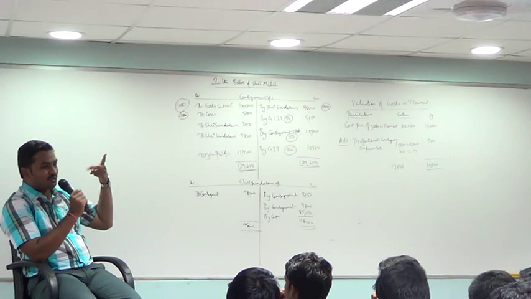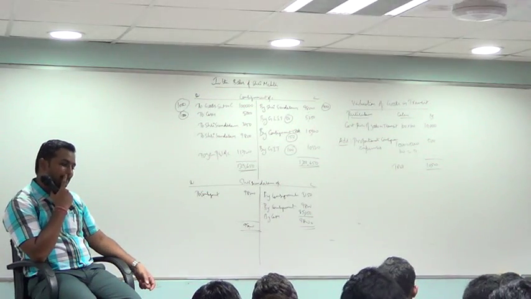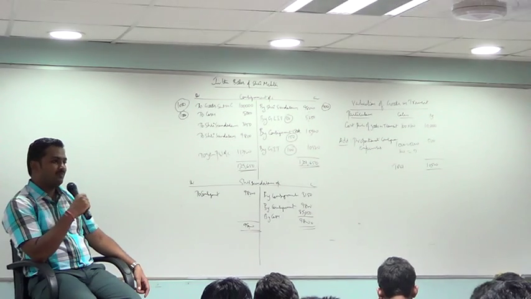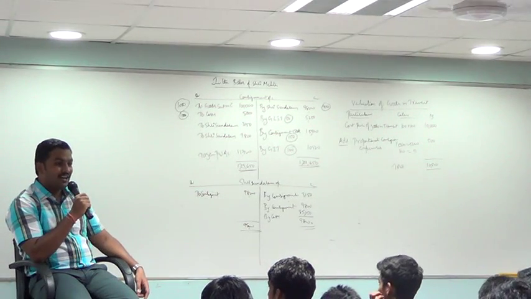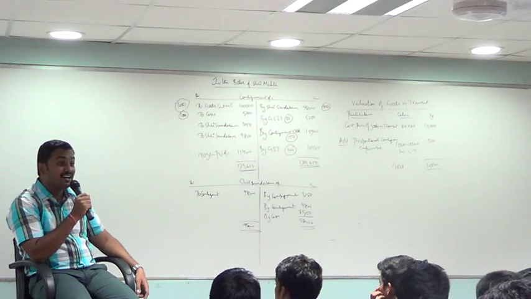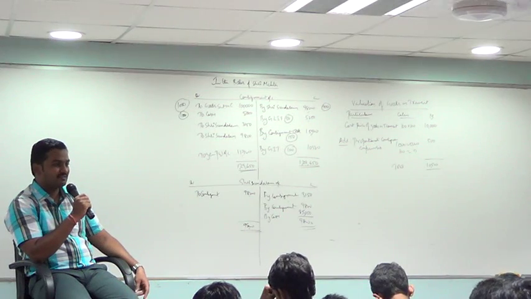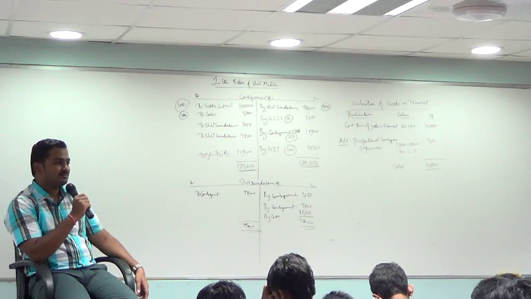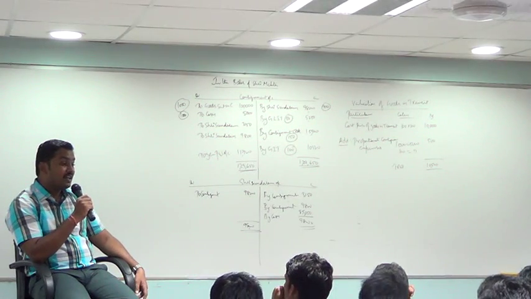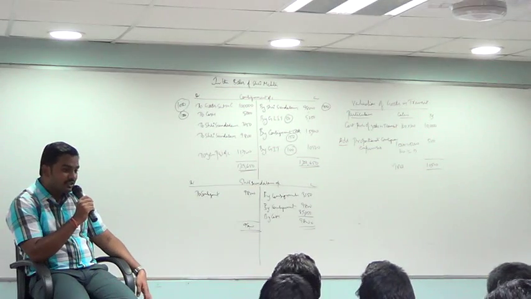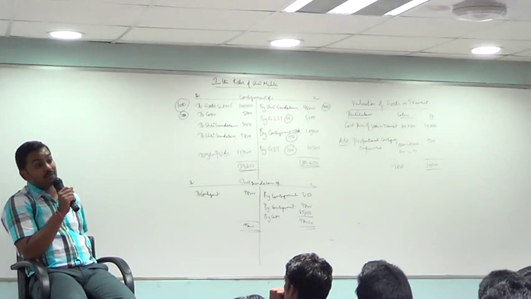Two-line entry. Go to the second line, write to commission. Will I get it in cash? No. I have debited whose account? Consignor's account. Write down: consignor account debit to commission account.